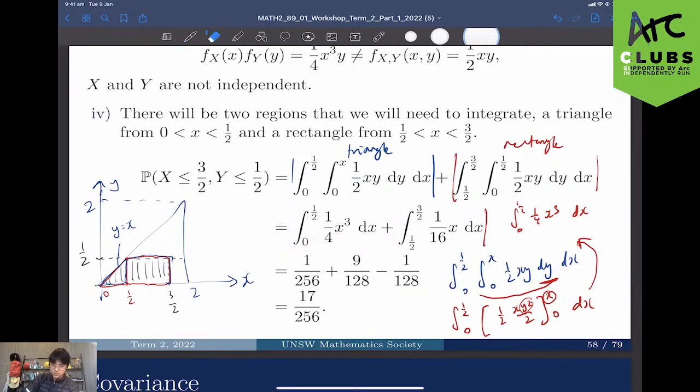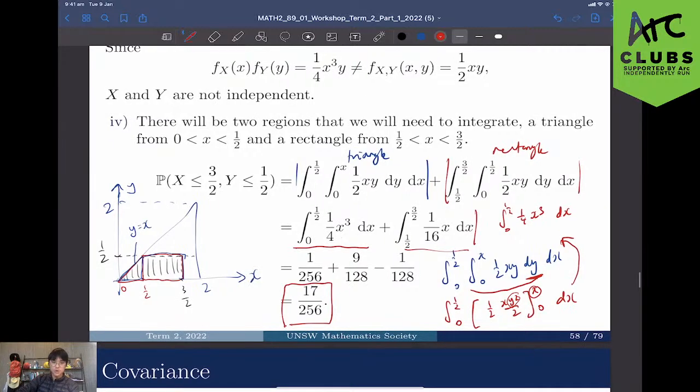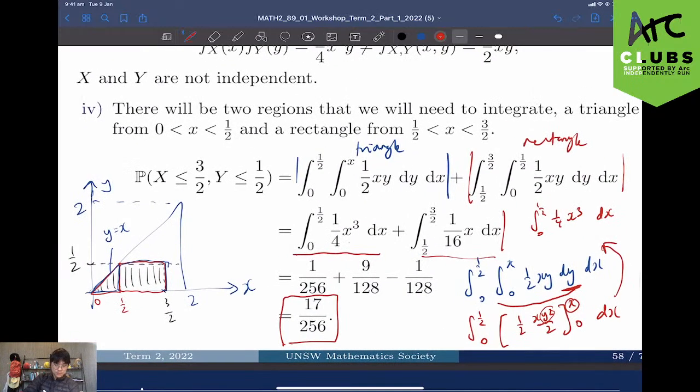And the rest is just regular integration. So we integrate quarter x cubed and x over 16, and we just get this value. So the probability that the values are going to be in this region of the domain is equal to 17 over 256.